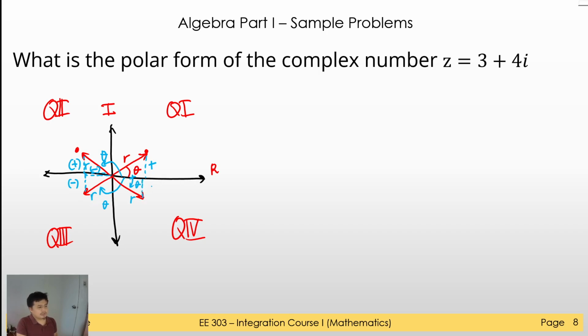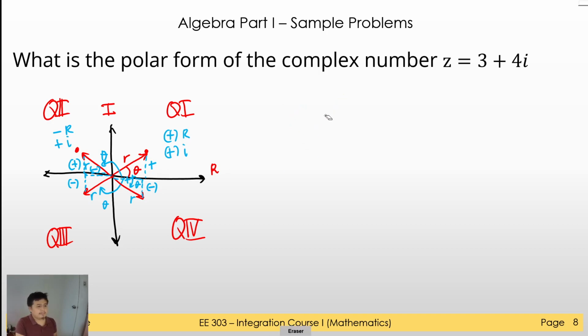For quadrant 4, we have a negative vertical height and a positive horizontal portion of the triangle. So always take note of that. So meaning for quadrant 1, you have positive real part, positive imaginary part; for quadrant 2, negative real part, positive imaginary part, and so on. Okay, but how do you solve this?